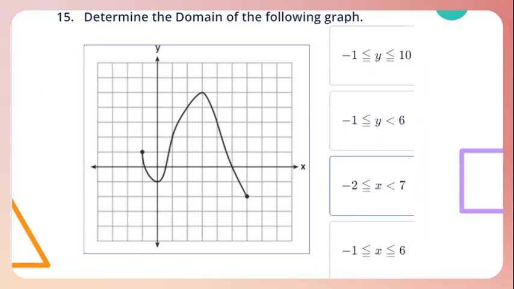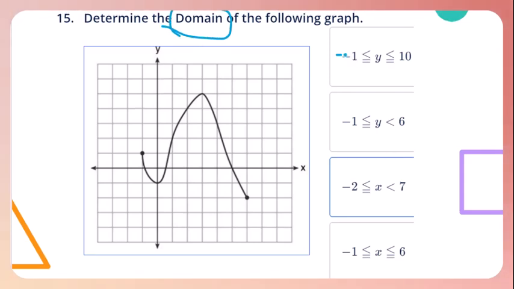All right, question number 15, we want to determine the domain. Again, we're looking at a graph, so we're looking at the x value. So let's cross out these that have the y. Okay, the domain talks about the x, so these are the only two that make sense. So what is the smallest x value? Now these are not numbered, but this could be starting at -2.